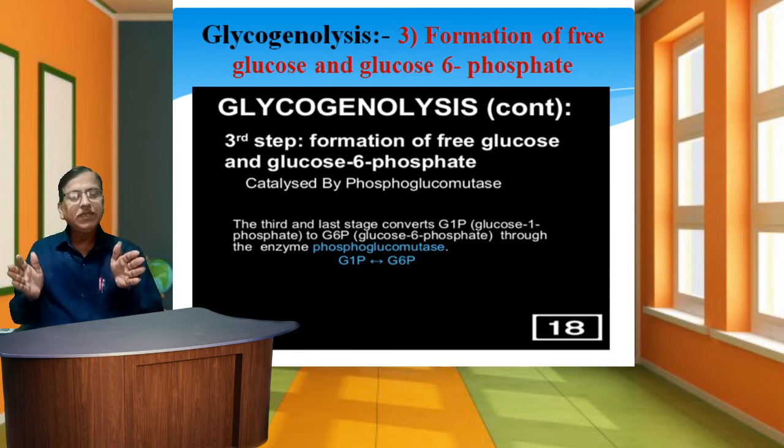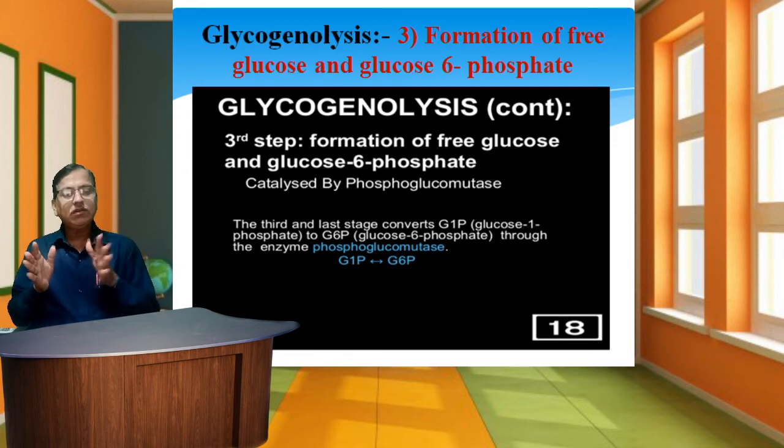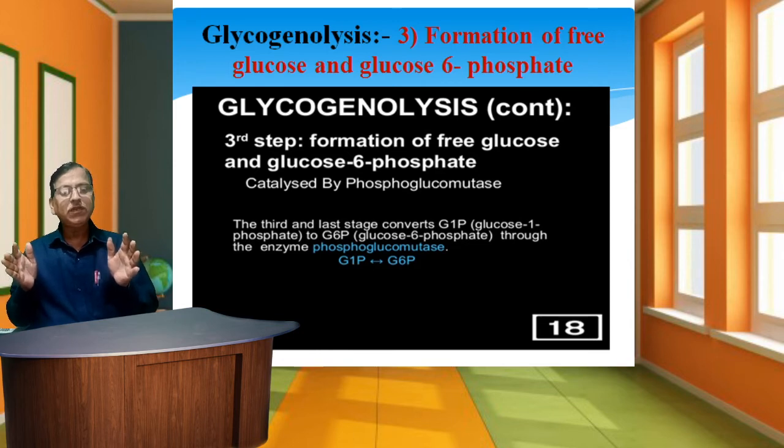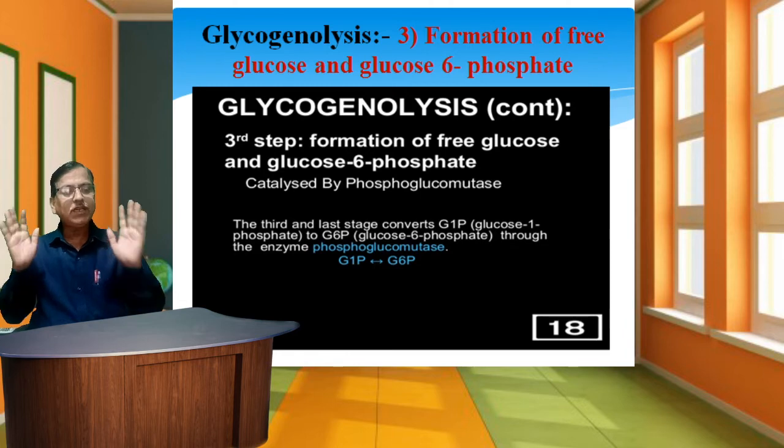The enzyme is absent in muscle and brain, hence free glucose cannot be produced from glucose 6-phosphate in these tissues. Therefore, the liver is the major glycogen storage organ to provide glucose to the circulation to be utilized by various tissues. In the peripheral tissues, glucose 6-phosphate produced by glycogenolysis will be used for glycolysis.